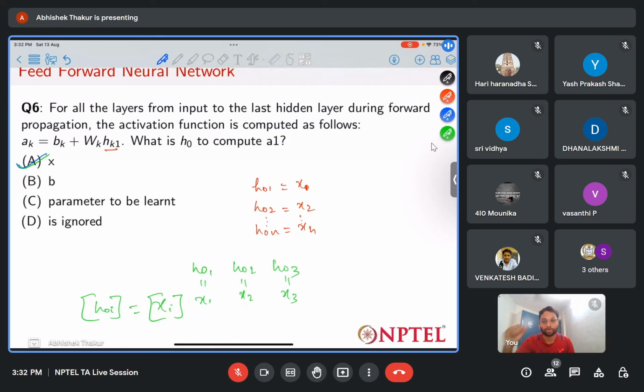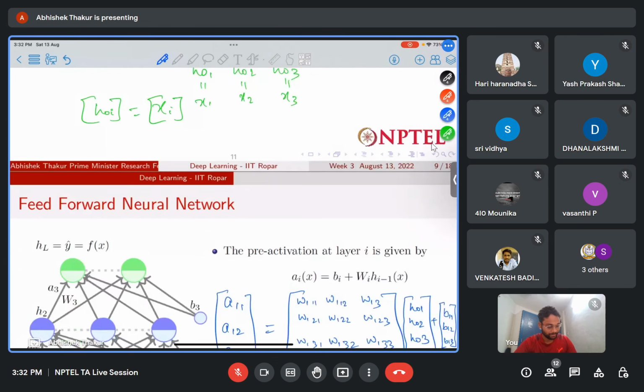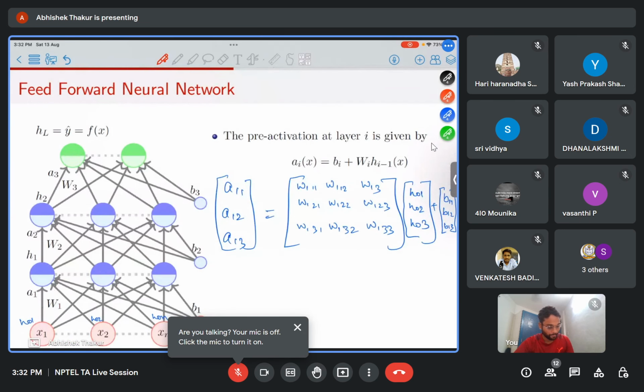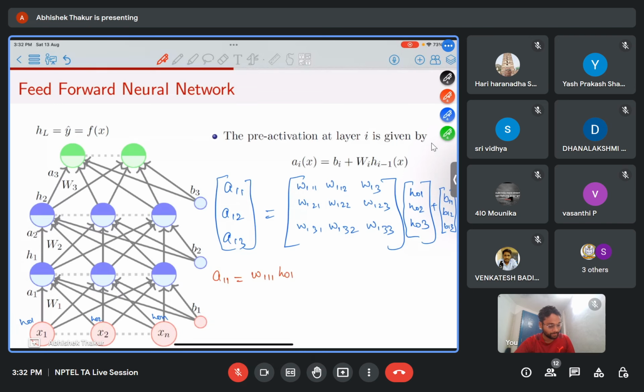Understood what will be the value of h naught to compute a1? You can write a11 equal to w111 into h naught 1 plus w112 h naught 2 plus w113 into h naught 3 plus b11.